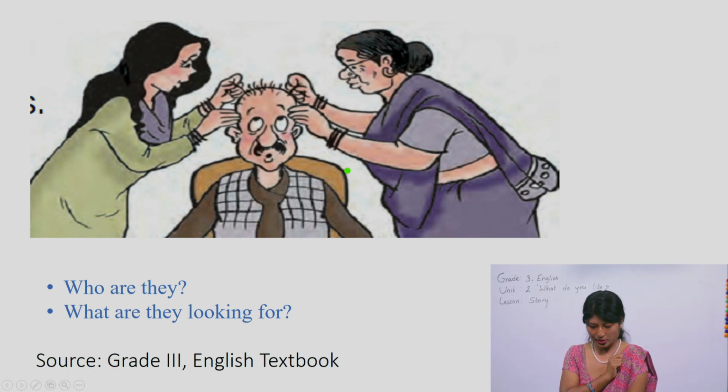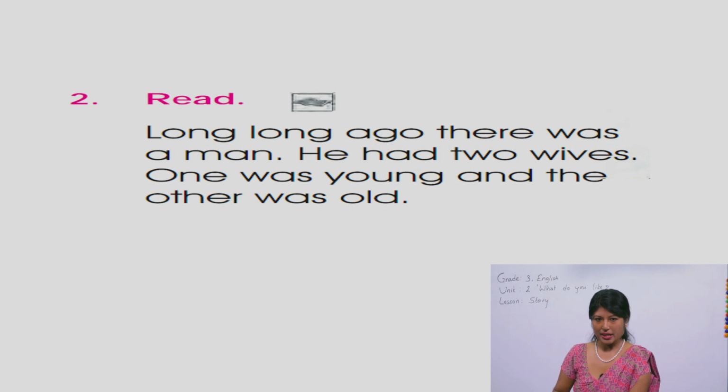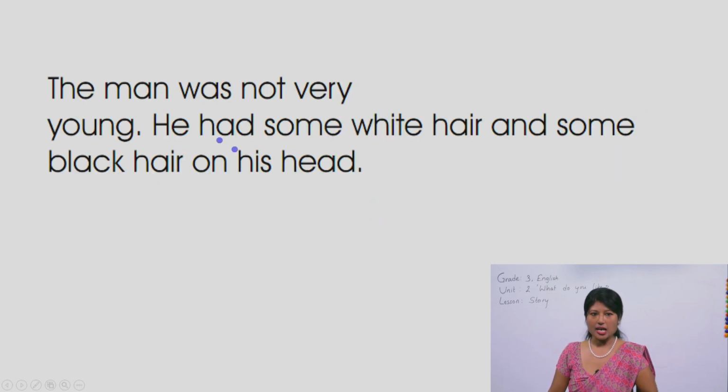Okay, this paragraph is already over, though I'm going to read it once again for you. Long, long ago, there was a man. He had two wives, and one was young, the other was old. Let's see what happens next. The man was not very young.